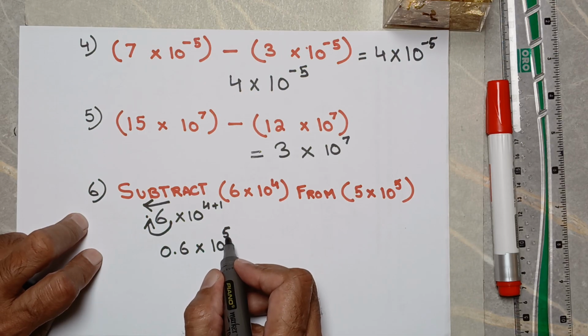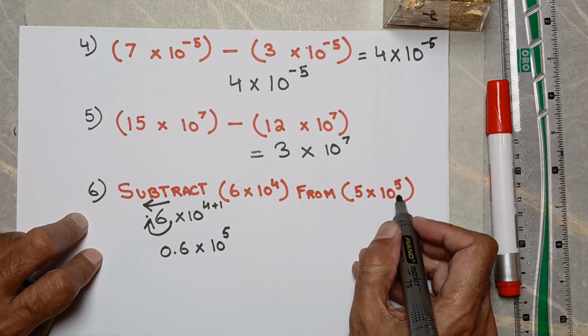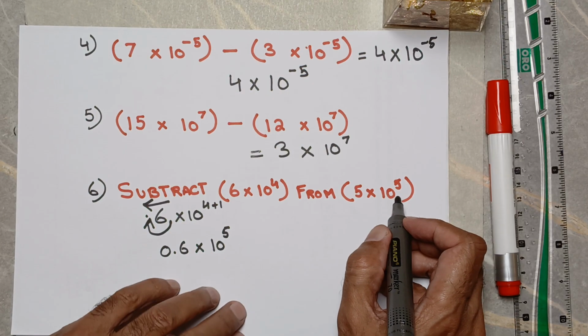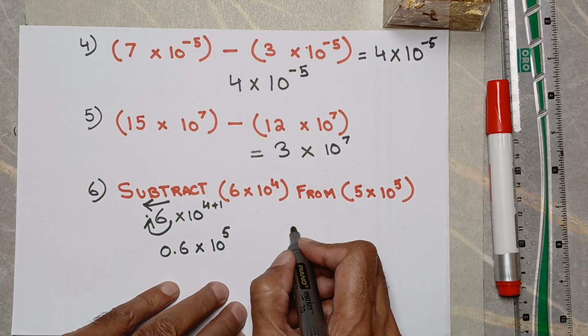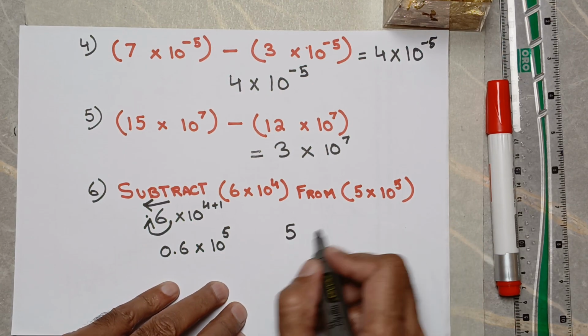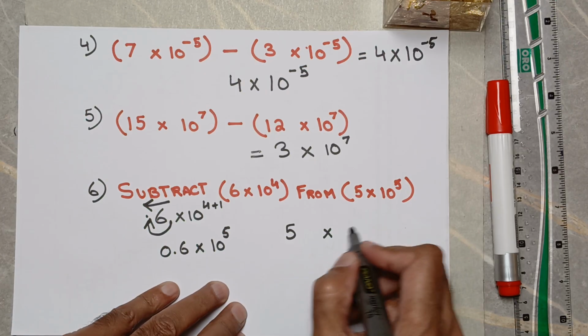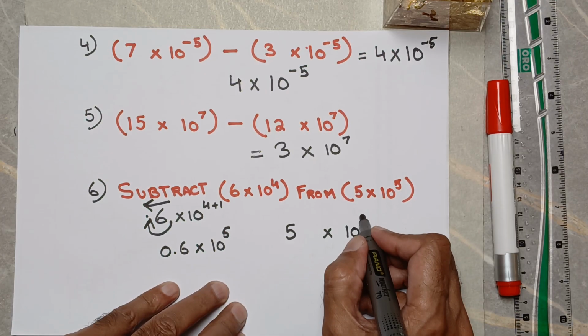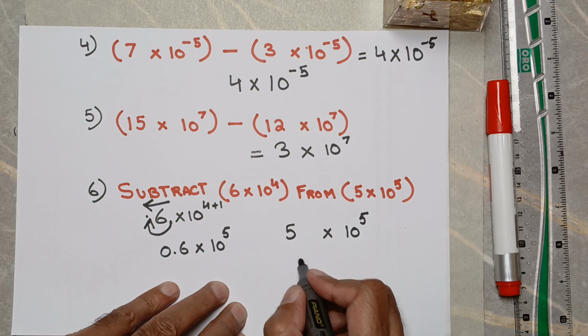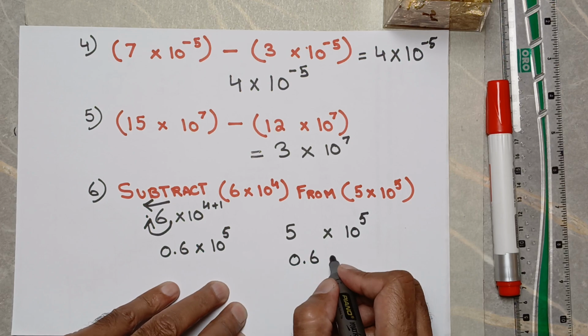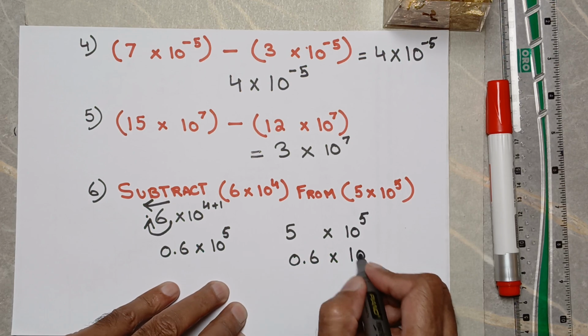Now here it is 10 raised to the power 5, and here it is also 10 raised to the power 5. So we will simply subtract now. We will write this term 5 times 10 raised to the power 5, and here 0.6 times 10 raised to the power 5.